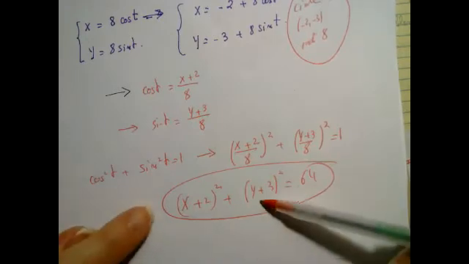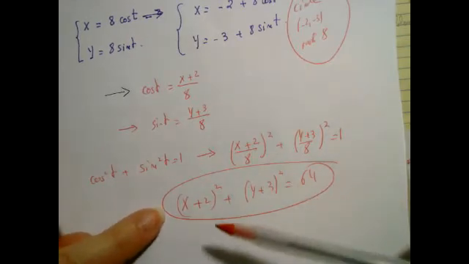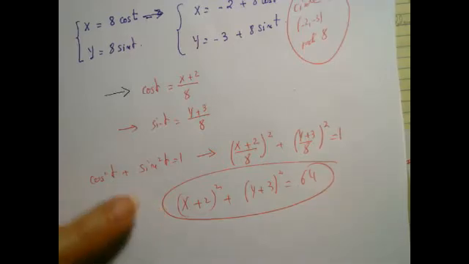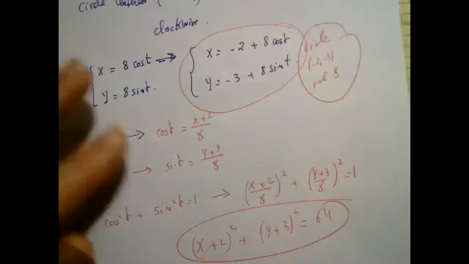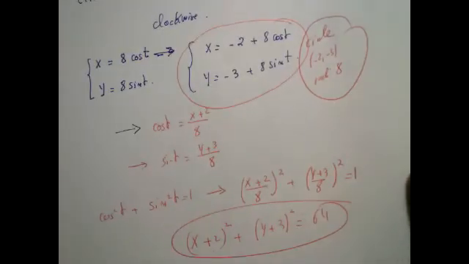And that's a circle. I'm going to go over that in the last section of this course, going back to the equation of a circle. That's a circle centered at -2, -3 with radius 8. Okay.